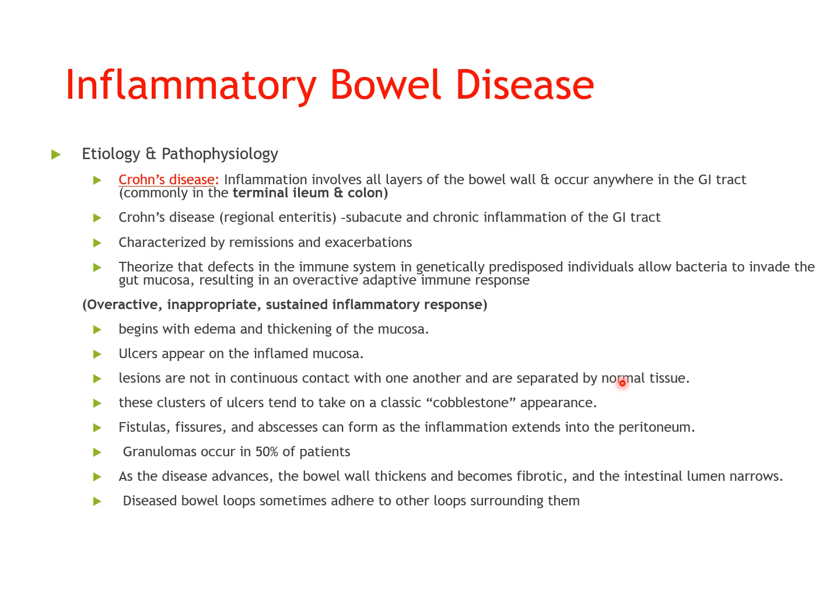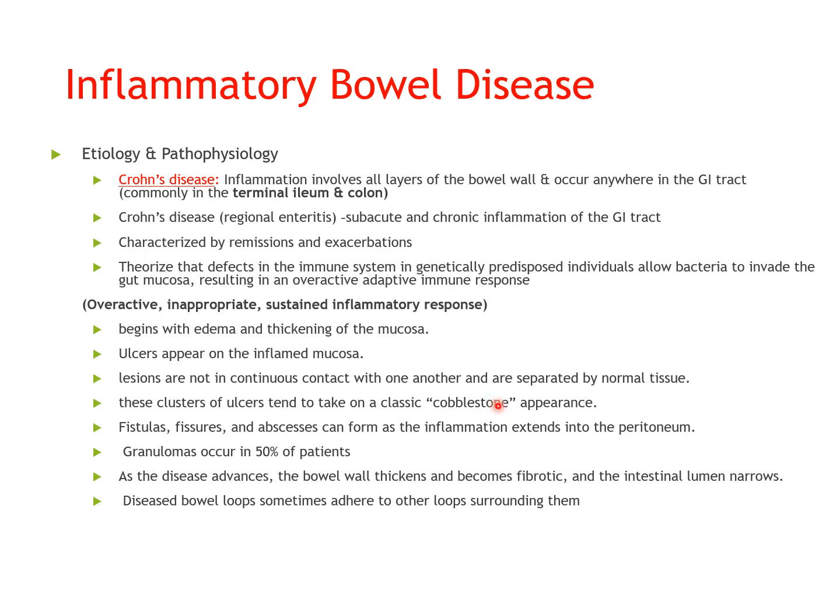It's only regional, like particular regions that are affected. Lesions not in continuous contact are also known as skip, S-K-I-P, lesions. The clusters of ulcers have a very cobblestone appearance.